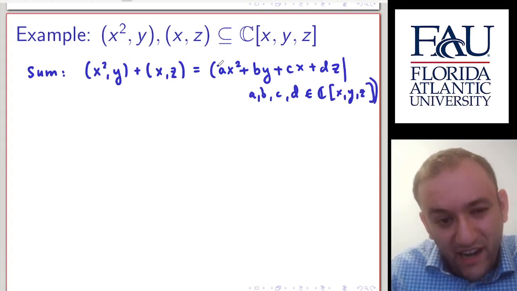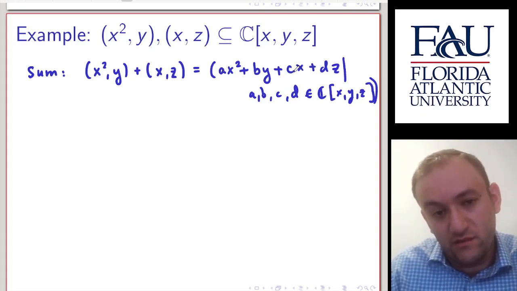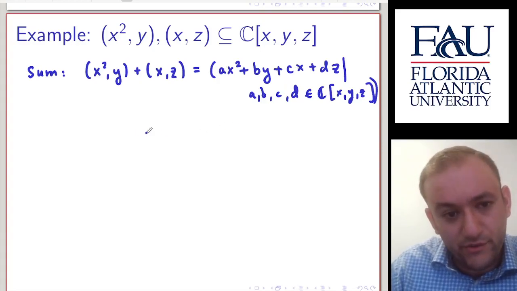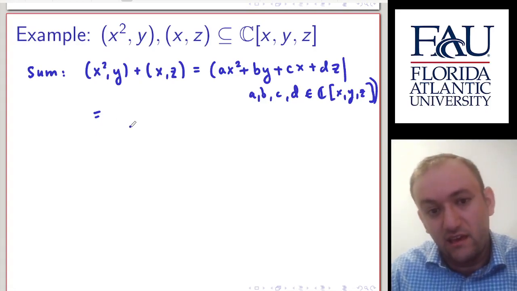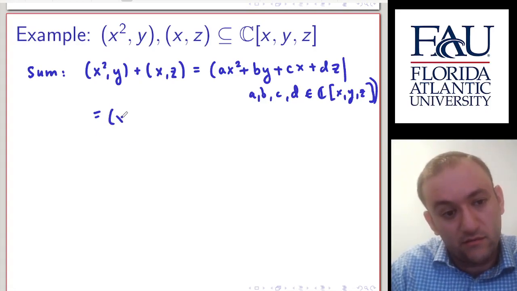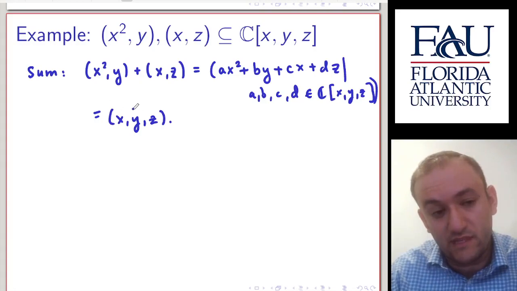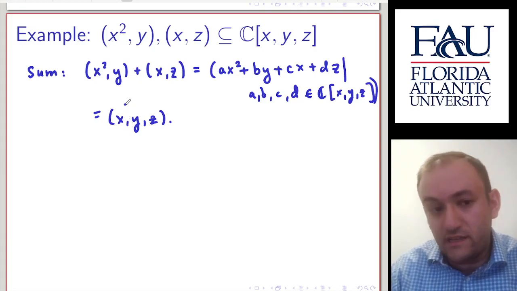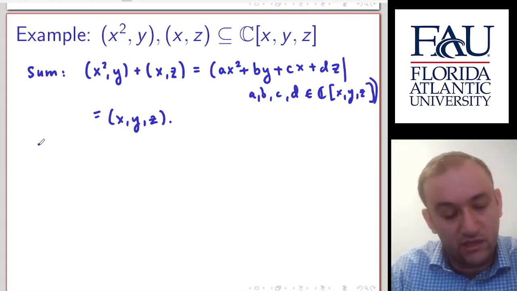Okay, but I could actually get a x squared from c x just by setting c to be equal to a x. So I can drop that first term and just have this as generated by x, y, and z. Okay, and you can check that this is the correct ideal by translating from one formulation to the other, and showing that all elements can be expressed in either way.